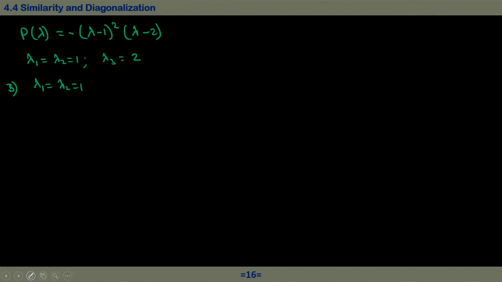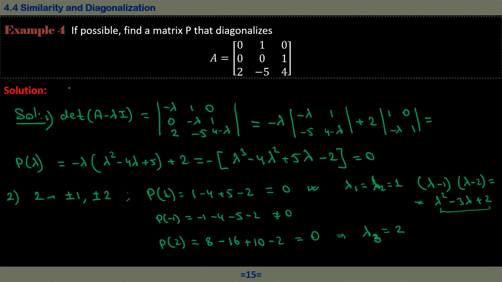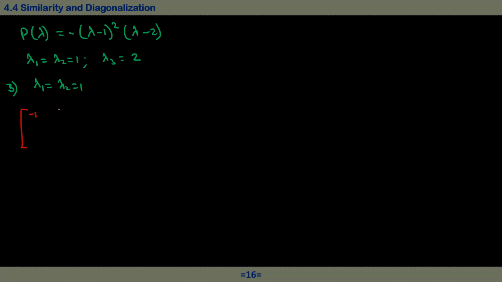Okay, so we use red. Then the augmented matrix will be, here we have 0 1 0, so here we have minus 1 1 0, and here we have 1 0, and the last column is 0 0 0. So here we have 0 minus 1 0 0 0 1.